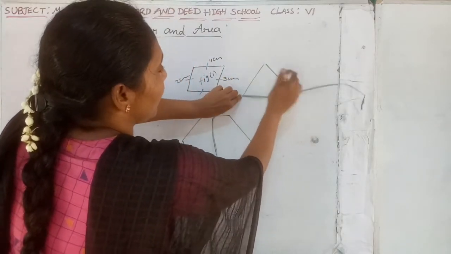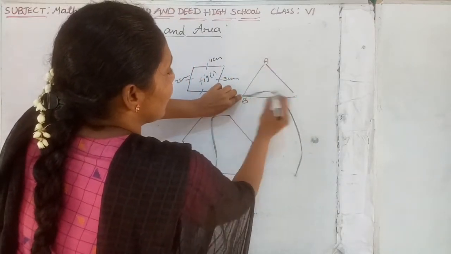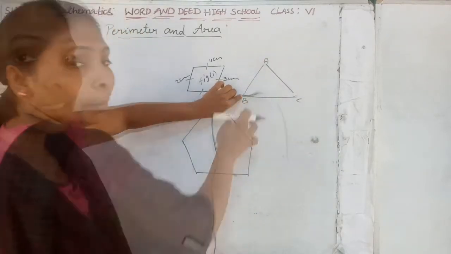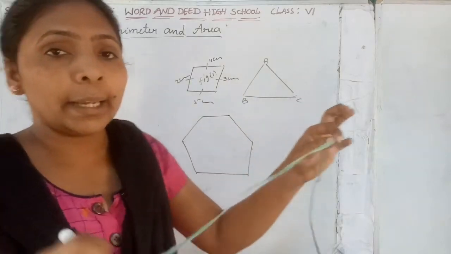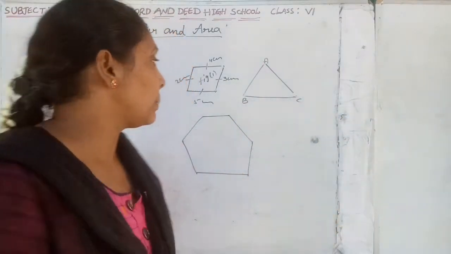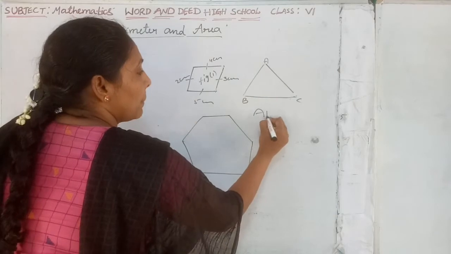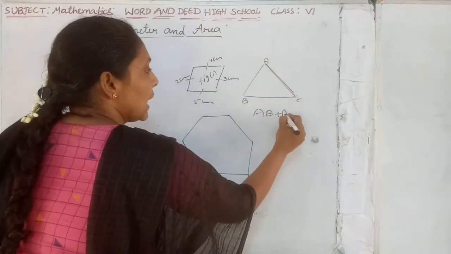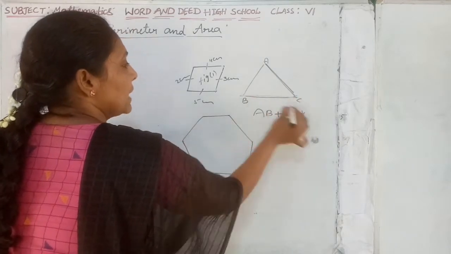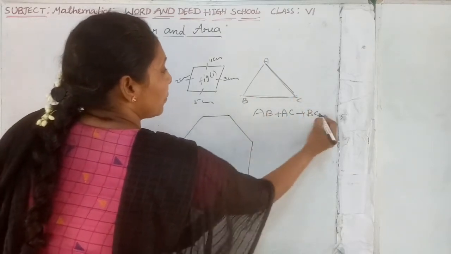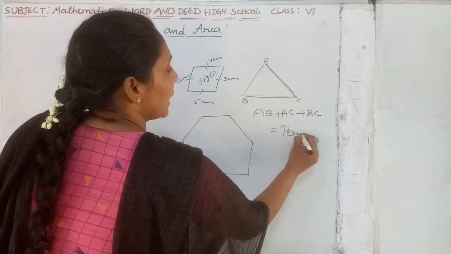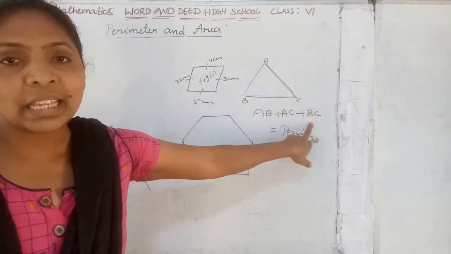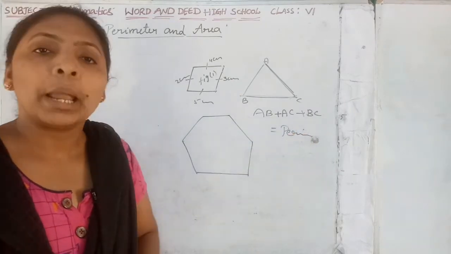That means, suppose A, B, C, the distance B to A, A to C, and C to B. So, AB plus AC plus BC, we measure, and we get the perimeter.